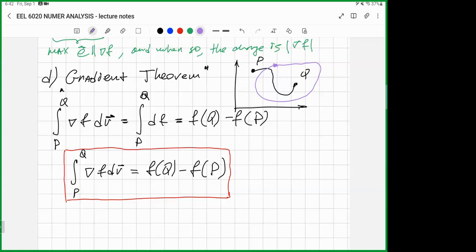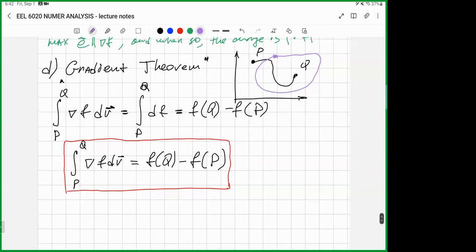And when that happens, the field is called a potential field. It is a quite important type of field. For example, our gravitational field is potential, right? And the electrostatic field is also potential. So it's quite important in those areas.